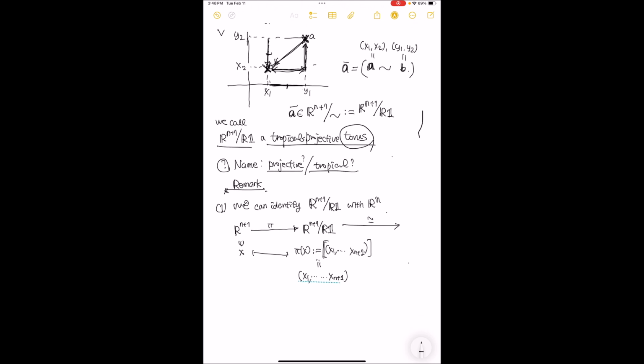To check this, the way we identify the tropical projective torus with R^n is by killing the last coordinate.